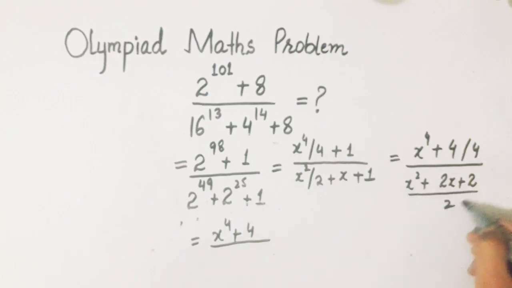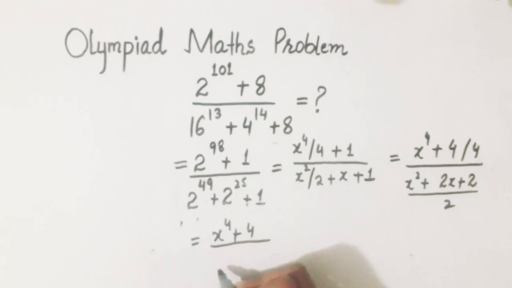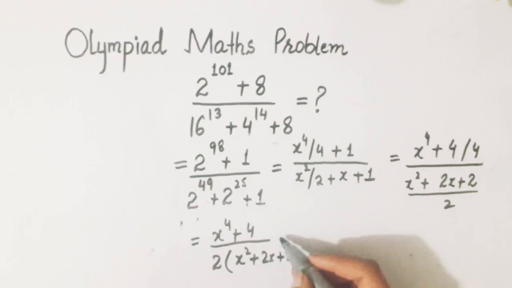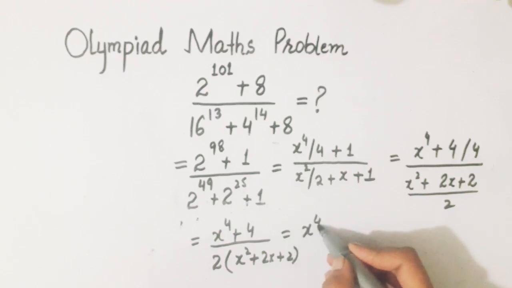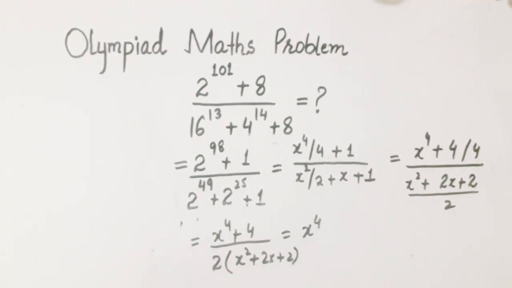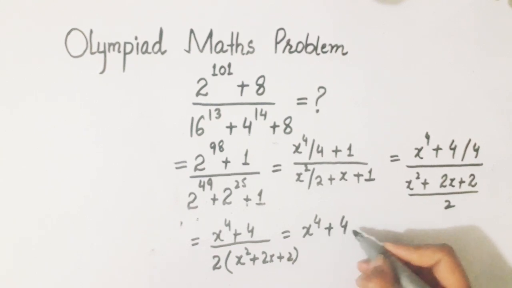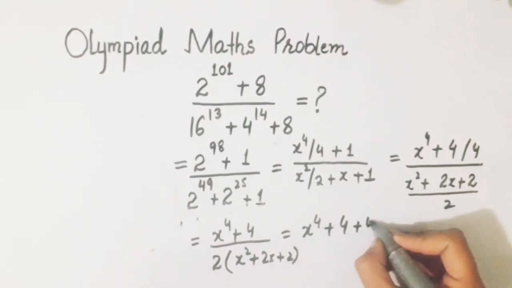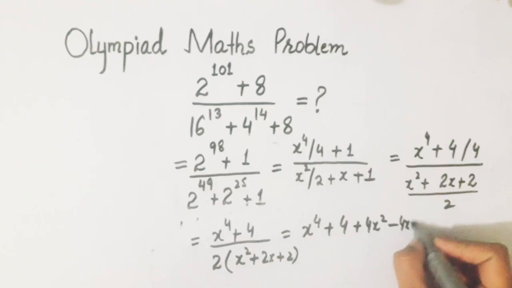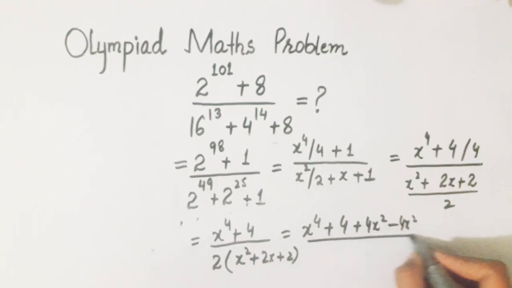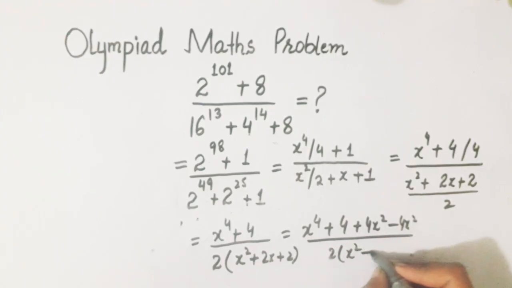Because this is divided by 2, the 2 and 2 cancel out, so we get only 2 into (x square plus 2x plus 2). Now in the numerator we write x to the power 4 plus 4, and we add and subtract 4x square, divided by 2 into (x square plus 2x plus 2).